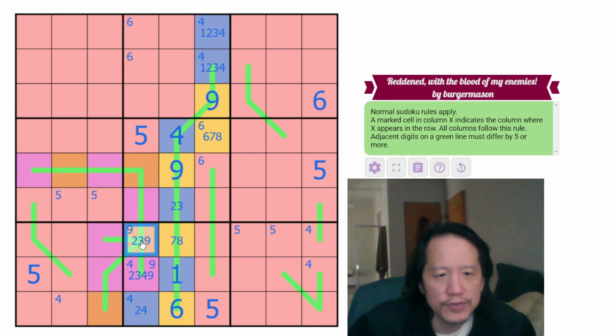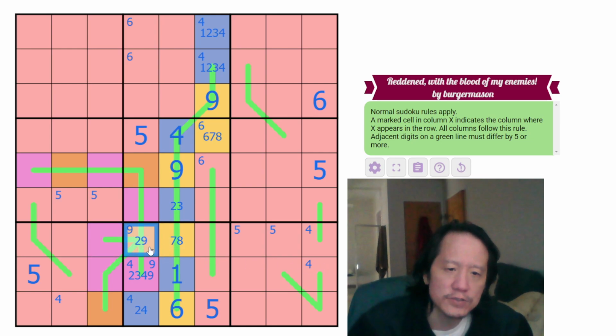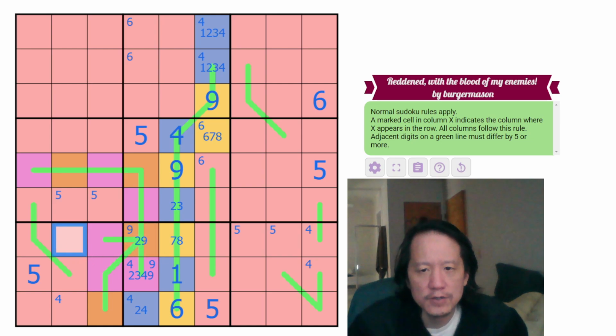If this were a 3, the problem is then this would have to be 4, because this is saying that a 4 has to be in the third column. But then that's not a difference of 5 between those two digits, so this can never be 3. So this is specifically 2 or 9, which means a 4 could be here, or 4 could be here.